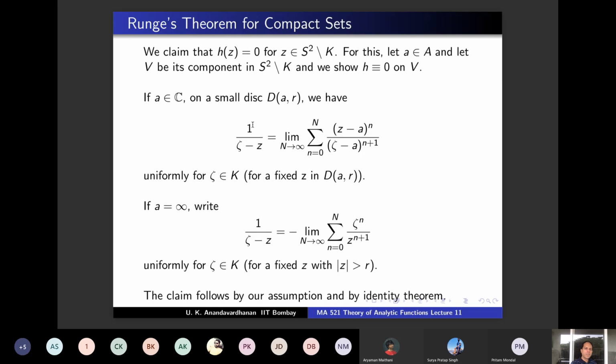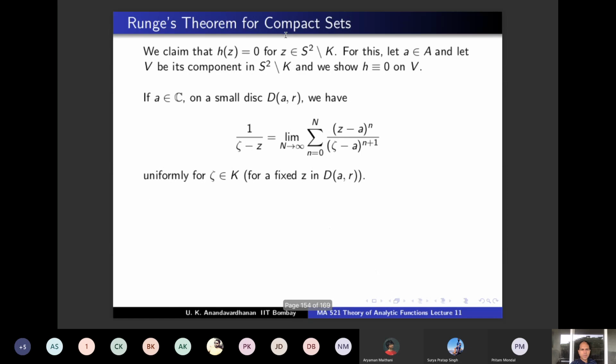By uniform convergence, this integral is 0 on the disk around A, and this integral is 0 on the disk around infinity. And therefore by the identity theorem it is 0 on V. On a disk it has a limit point, so it is identically 0. Therefore it is identically 0 throughout V, so H is 0 wherever it is defined. On all the components you have shown that it's identically 0.